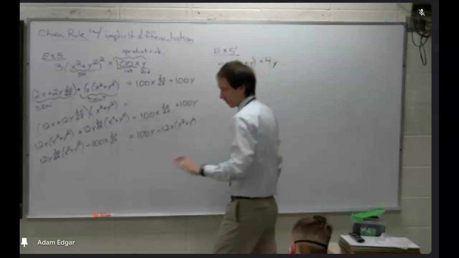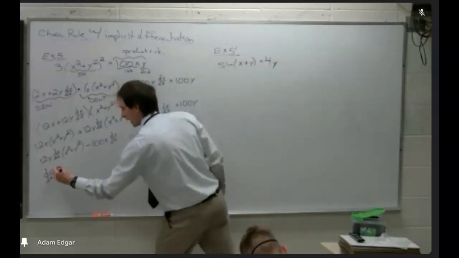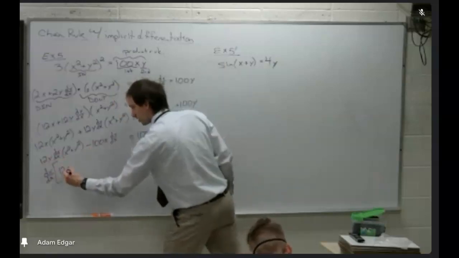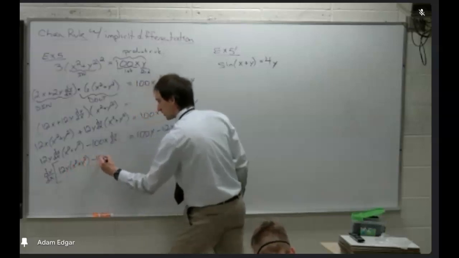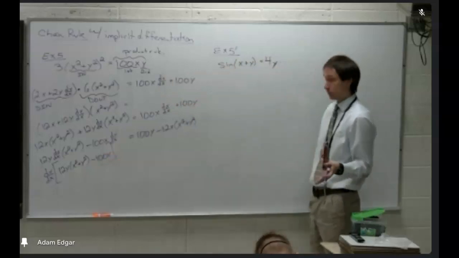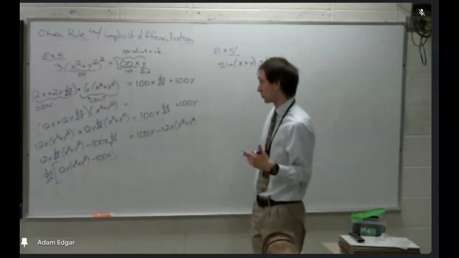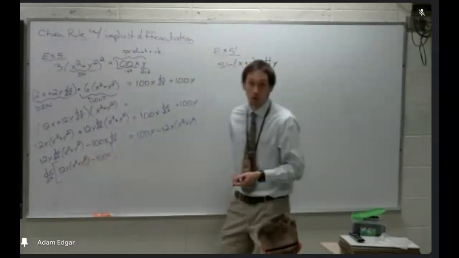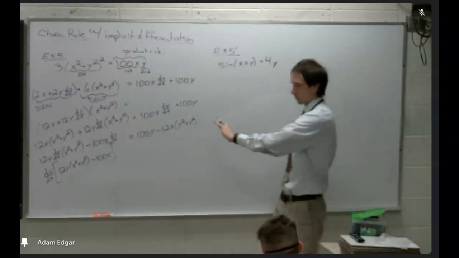We just want to get the dy/dx by itself. So pull out the dy/dx, and everything else stays as is. So we have 12y multiplying an x squared plus y squared, and then we're minusing 100x. And again, you could distribute out the 12y and the x squared plus y squared, but that's only in this particular scenario because the x squared plus y squared doesn't really have an exponent there. But other times it will, so get used to writing it like this. It's going to be less annoying this way.